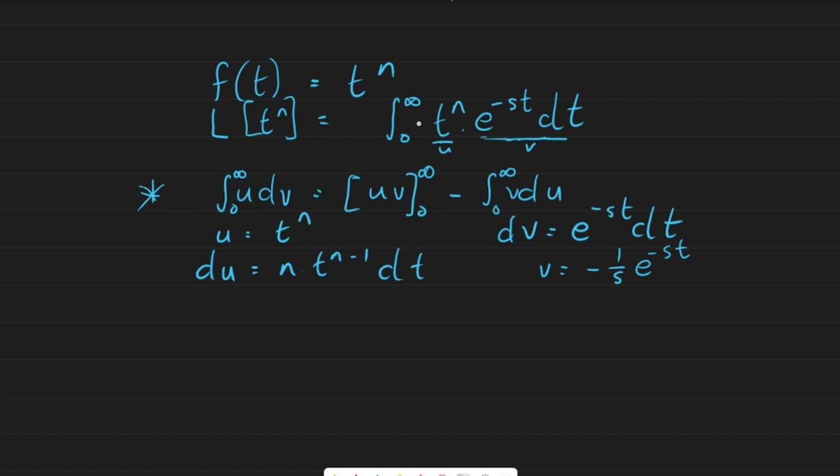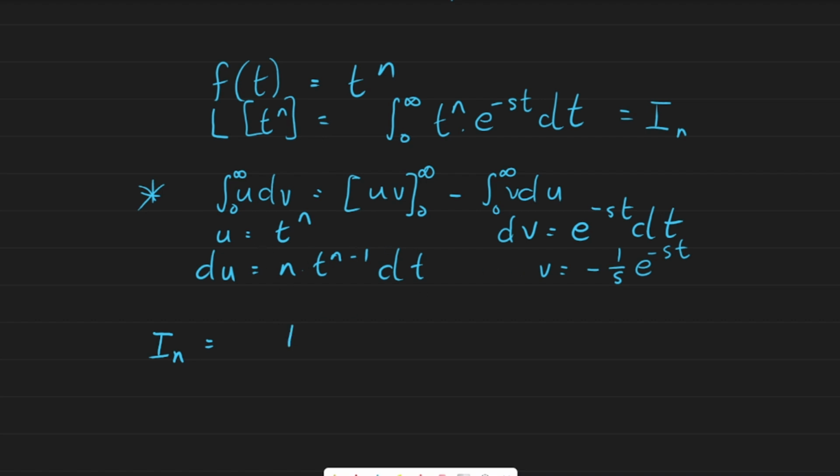Let's call this original expression, this Laplace transform, I n, the integral of n, where n is this exponent here. So I n is equal to, firstly, uv.